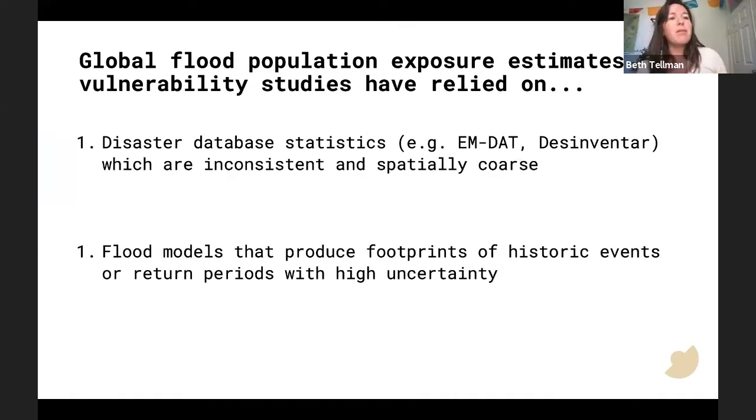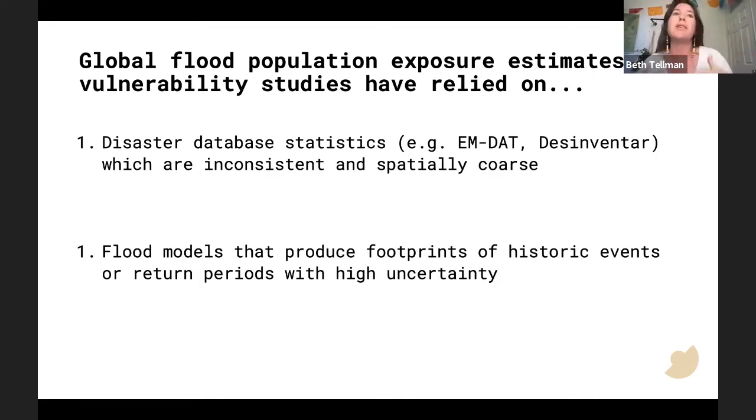So how do we normally measure exposure to floods? It typically happens in 2 ways. One is through disaster database statistics. Folks here maybe have used EM-DAT or DesInventar. The problem with those is that they're mostly reports either by governments or the media. So they're really inconsistent.